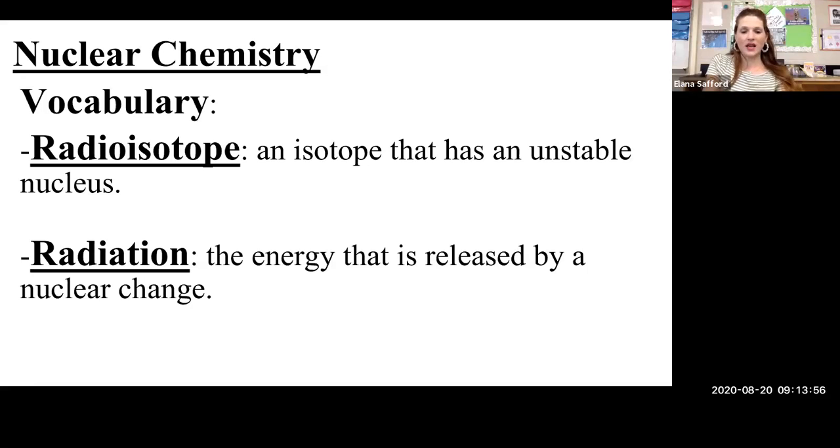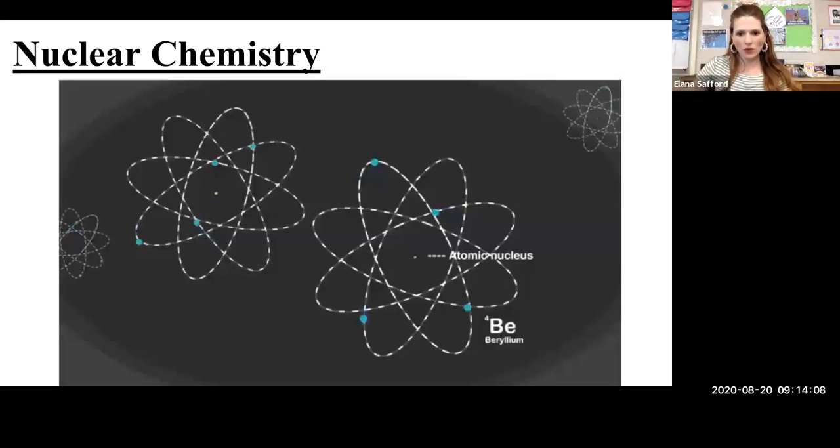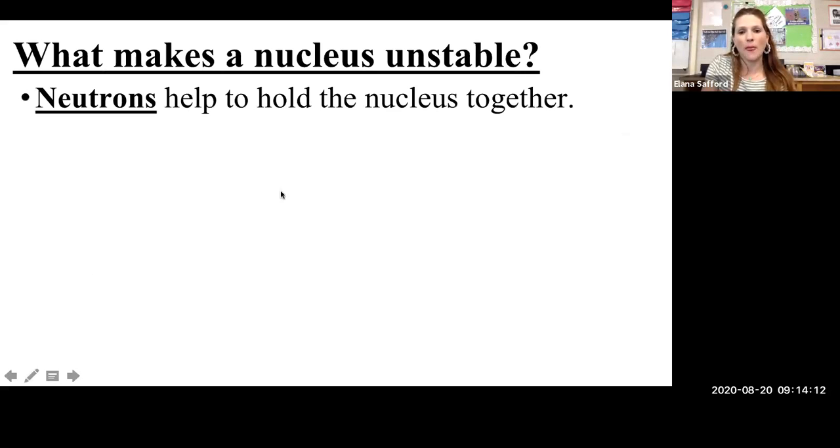Radiation is the energy that is released by a nuclear charge. So we are going to talk a little more about that. Okay. So what exactly makes a nucleus unstable? Well, like I said, I think neutrons don't get enough credit because everyone's like, oh, these are boring, they have no charge. Actually, they are very interesting.